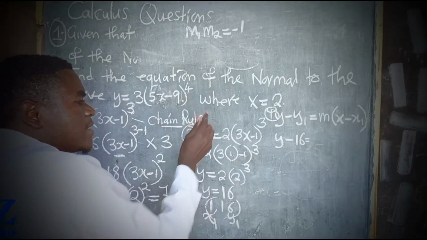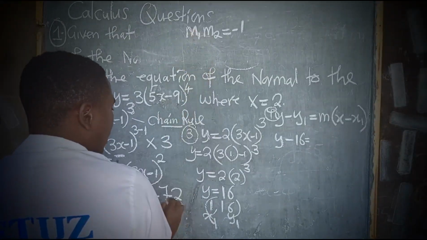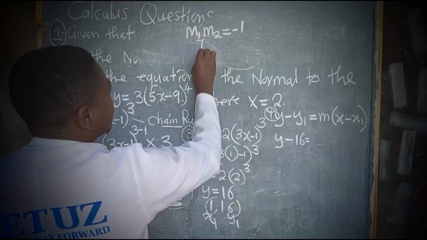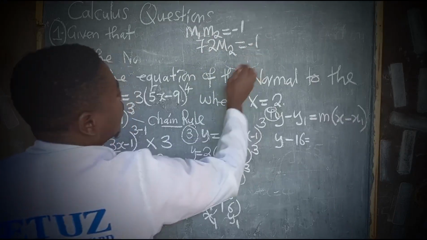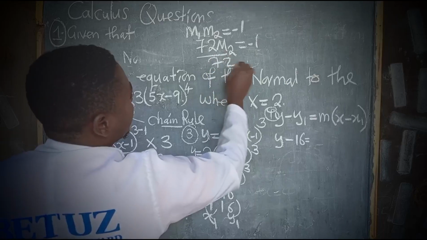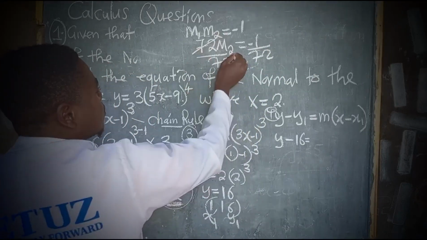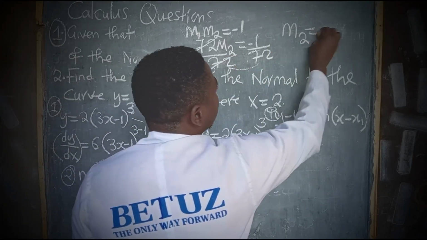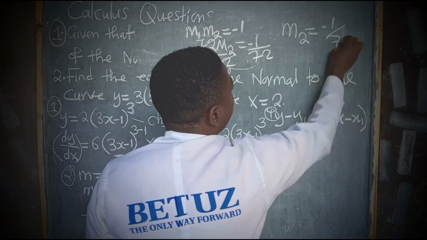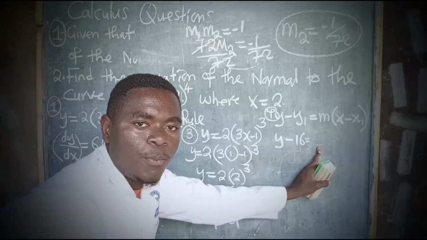Gradient 1, I know that is 72. Then m2 is equal to -1. I divide both sides by 72, 72 cancels. So m2, the gradient I'm going to use, is -1 over 72. This is the gradient I'm going to put there.